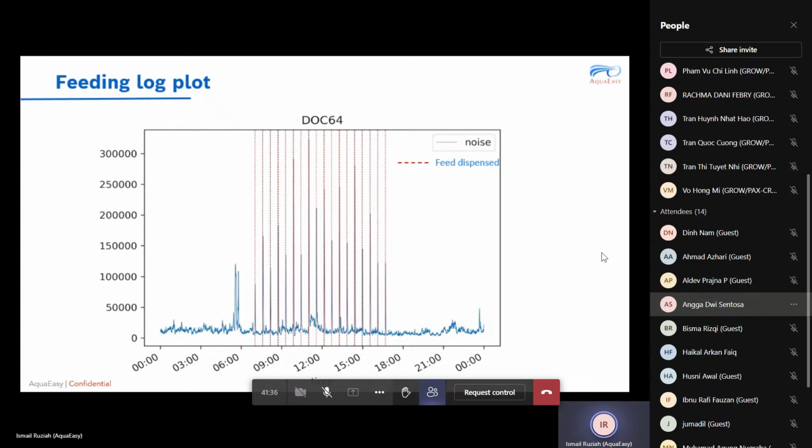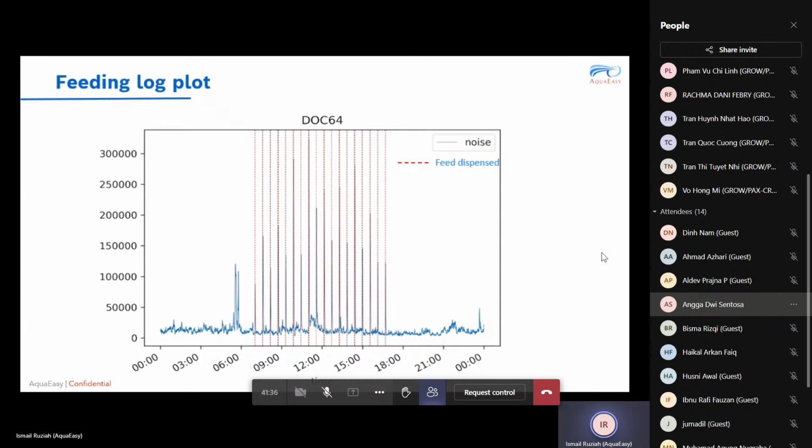The other thing is the hydrophone should be downstream of the auto feeder, so that when the water current moves the feed around, it moves the feed towards the hydrophone and not away from it.